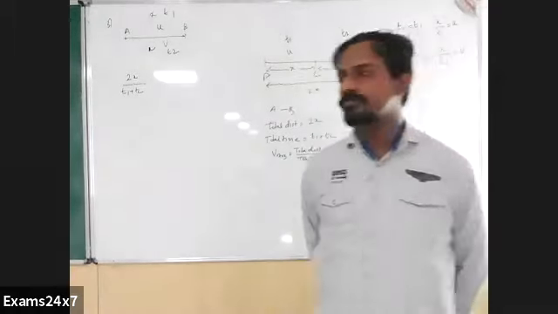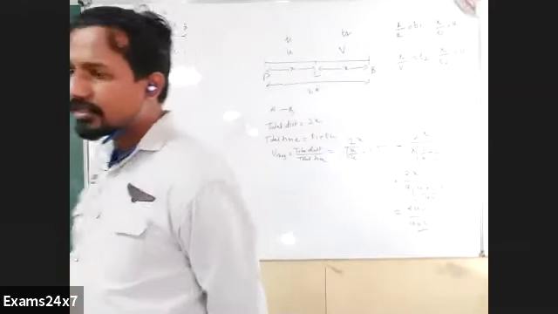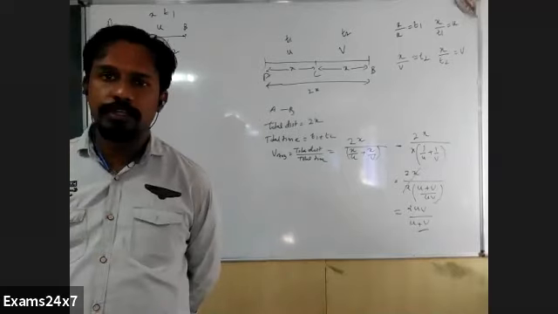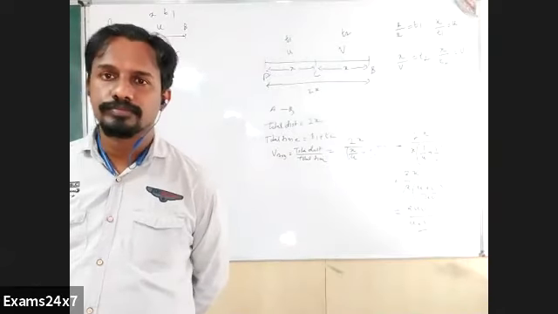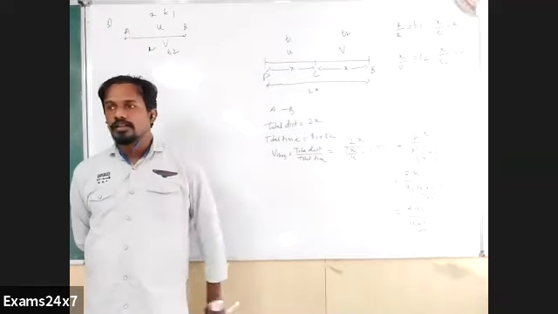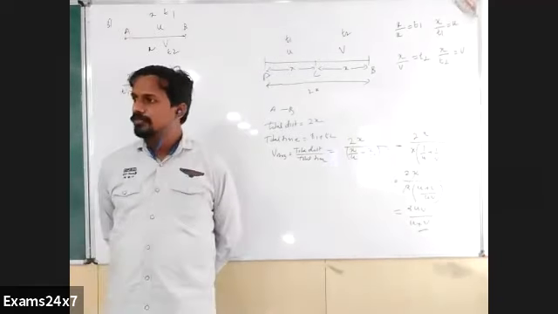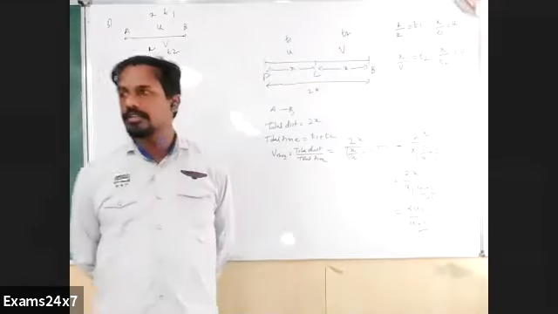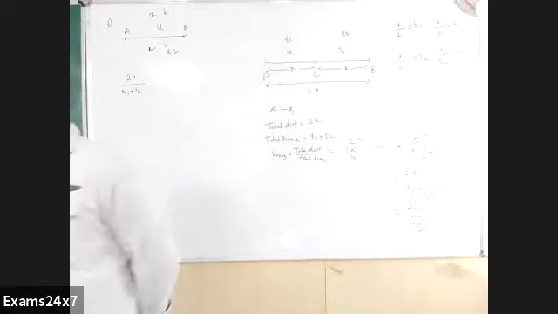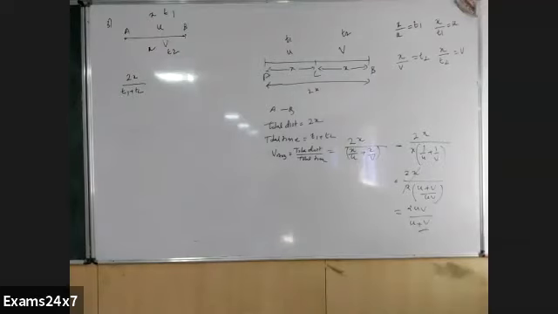Full stop. Find the average speed for the whole journey. So you draw the diagram, you write what is given, then complete it. Okay. Then go for the problem and do it.